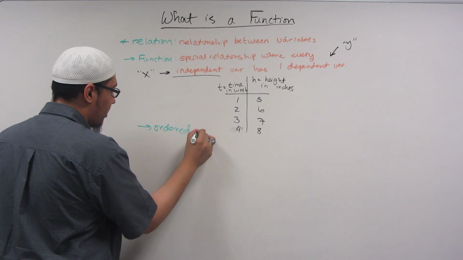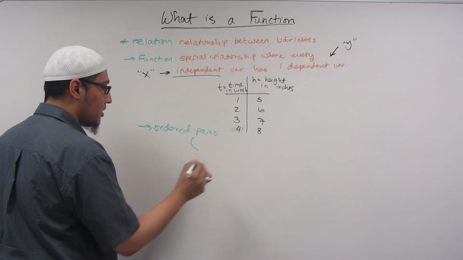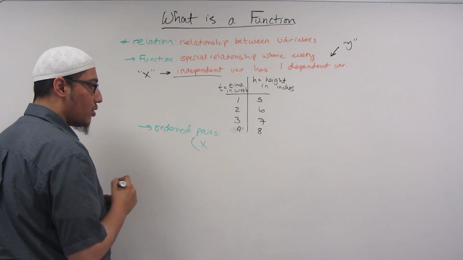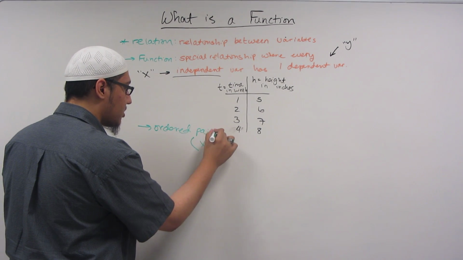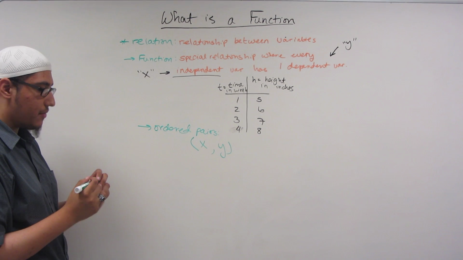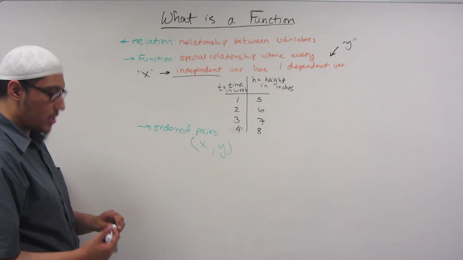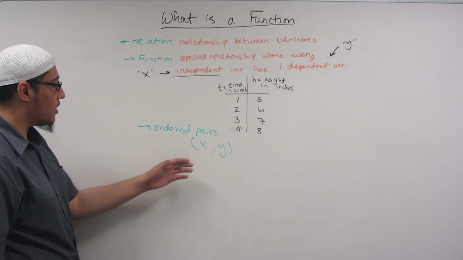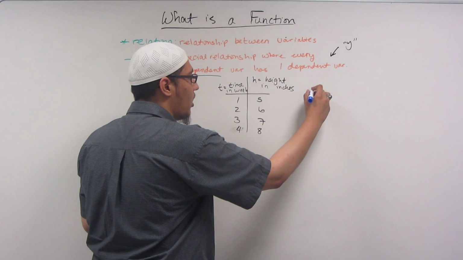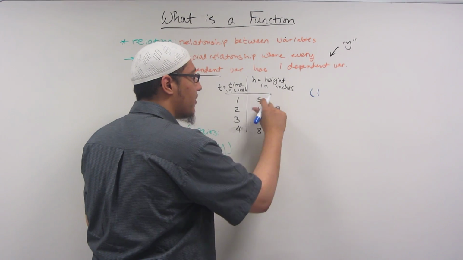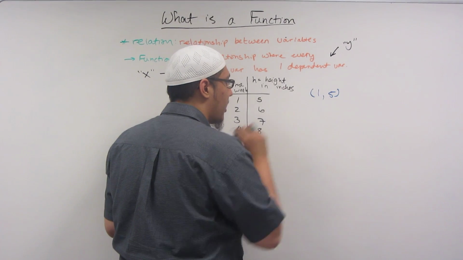Ordered pairs are usually written as parentheses, the independent variable, comma, the dependent variable. In this case, our independent variable here seems to be 1, and the dependent variable seems to be 5. So that's one ordered pair.